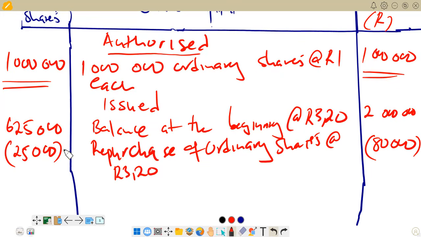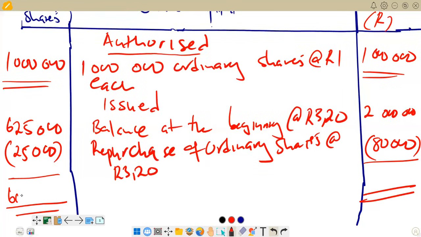Then we can now find the balance. We can find the balance on this side, and we also find the balance on this side. So here again, we are going to say 625,000 minus 25,000, and we get 600,000. So these are the shares that we have at the end. And then the value, we are going to say 2 million minus 80,000, we get 1,920,000.